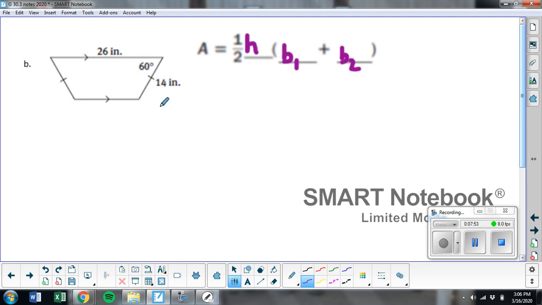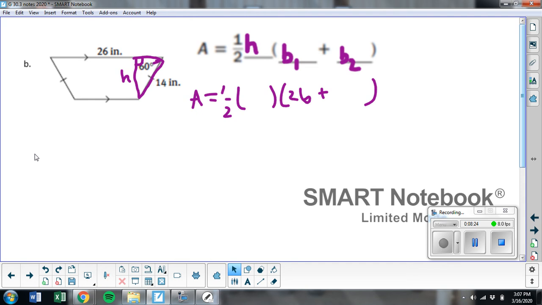Okay, here we don't have much. All we have is one base, so fill that in. So one of my bases is 26. Your height is going to be right there in this triangle. 60 is right there. So we're going to do trig.